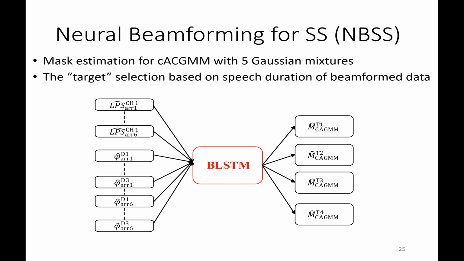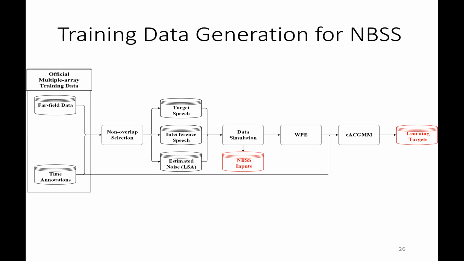Another problem here is that we need to perform target selection after beamforming, as we do not have the speaker labels as in track 1. Here, we use the speech duration of the beamformed data as a measure to select the target. This is a procedure to generate training data for NBSS, which is also similar to that of BGSS.